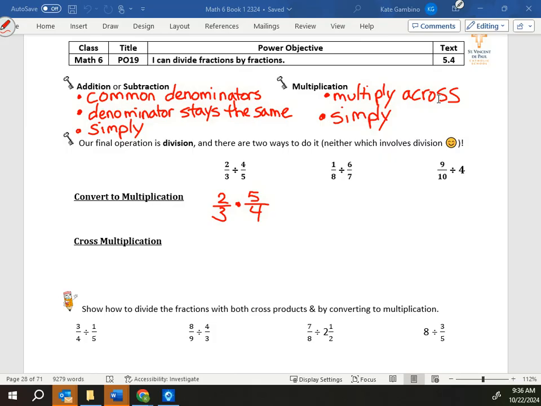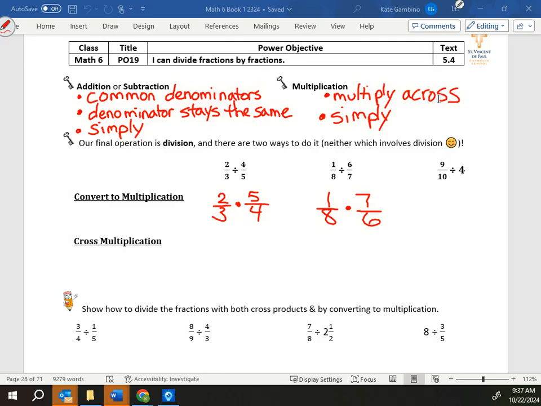So let's look at 1/8 divided by 6/7. What would I convert that to? How do I convert it? Emma? What operation am I doing, Emma? Multiply. We can't forget that we flip it to multiply.